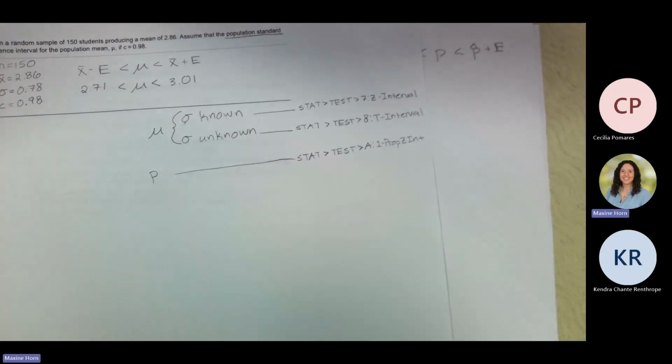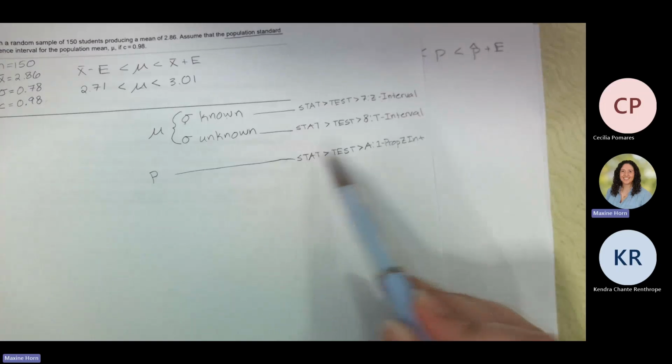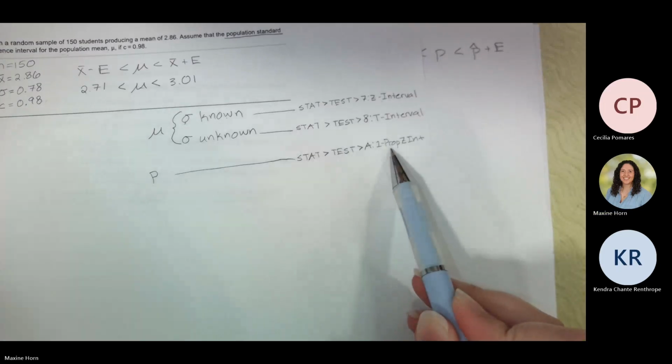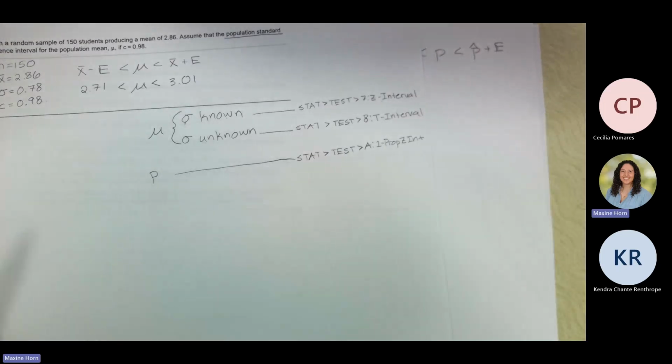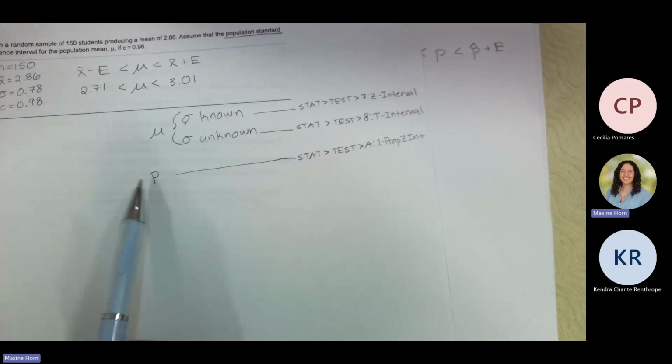So again, let me go back to that page. How are we finding that? Stat test A, 1 prop Z int, right? Because that's what we do when we have the population proportion that we're trying to find.